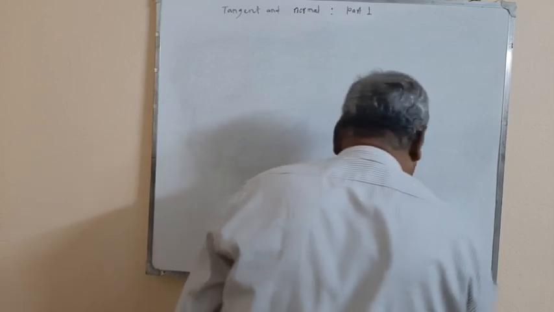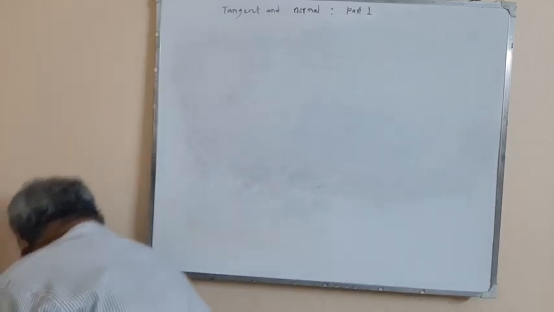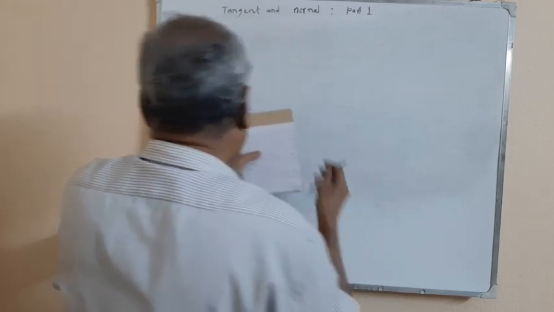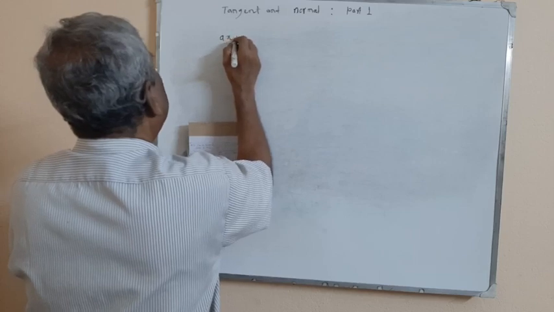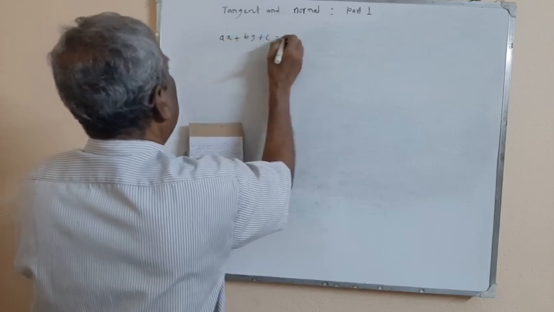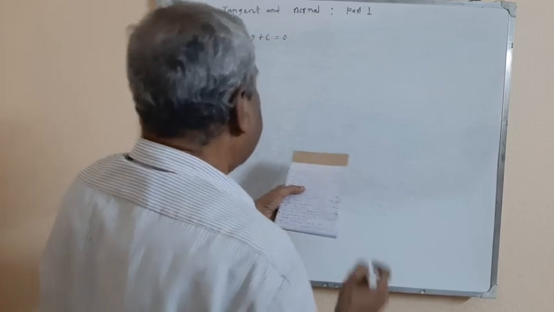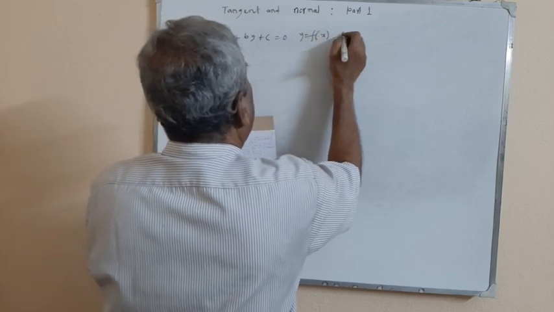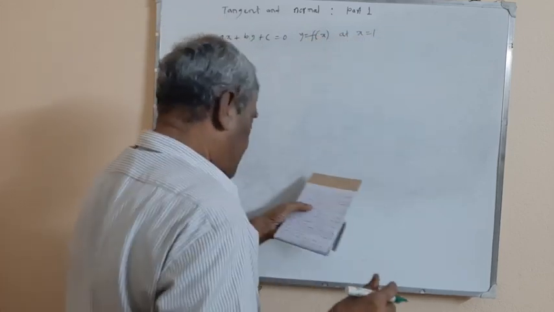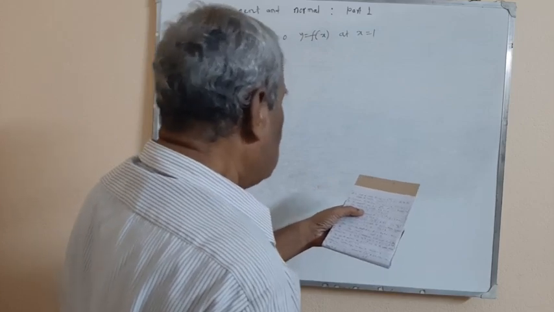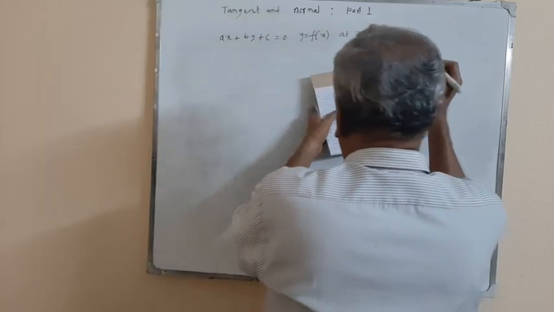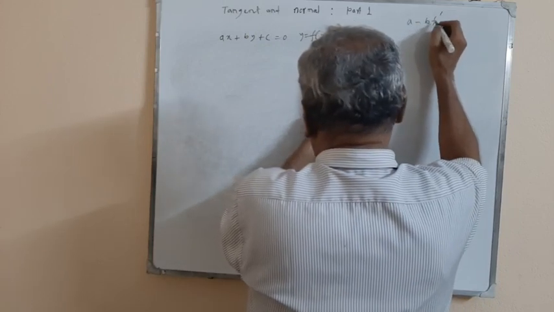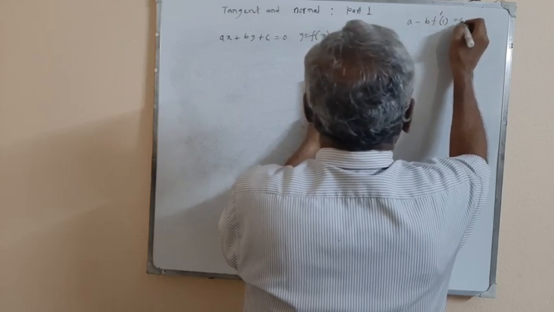Now next problem. If ax plus by plus c is equal to 0 is a tangent of y is equal to f(x) at x is equal to 1, then which one is true? Number 1, a minus b f dash 1 is equal to 0.